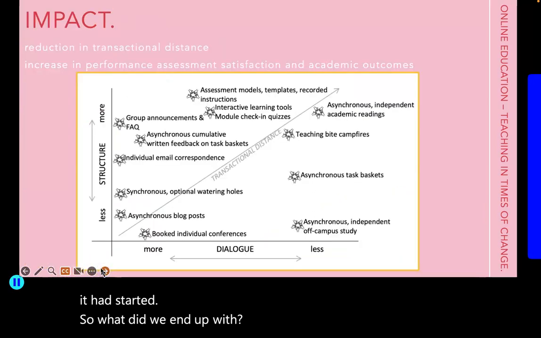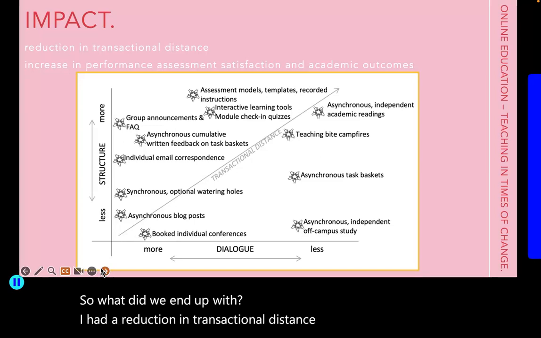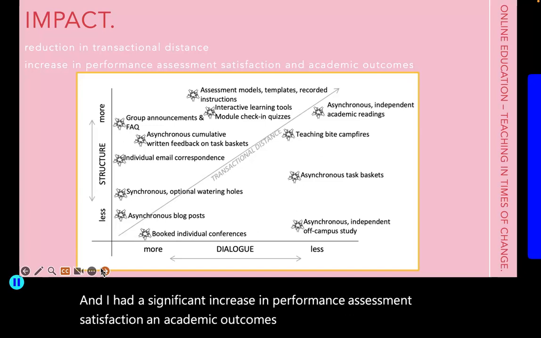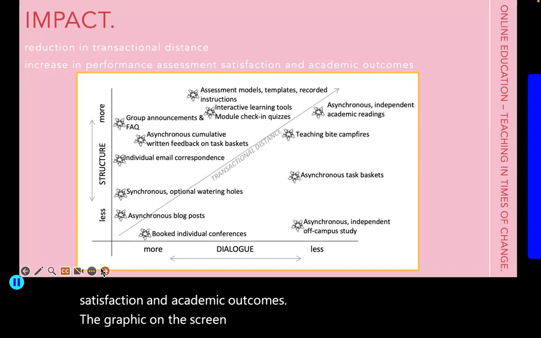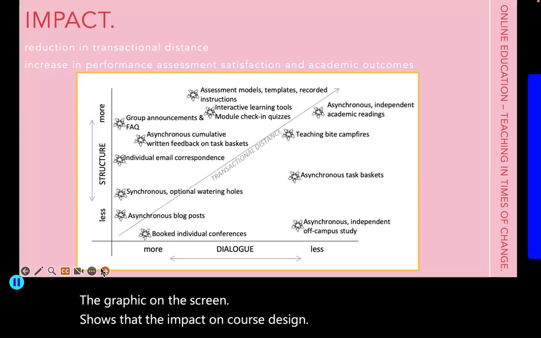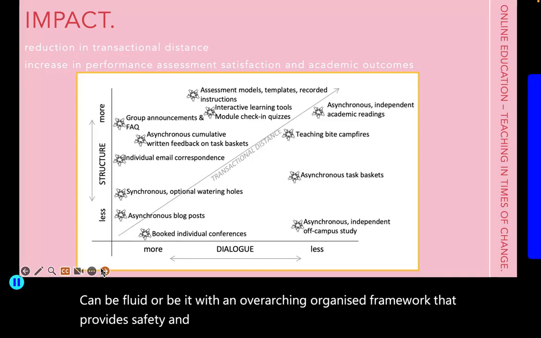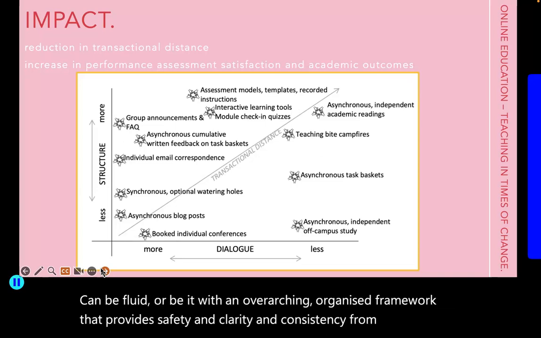I had a reduction in transactional distance, and I had a significant increase in performance assessment satisfaction and academic outcomes. The graphic on the screen shows that the impact on course design can be fluid, albeit with an overarching organised framework that provides safety and clarity and consistency from woe to go.